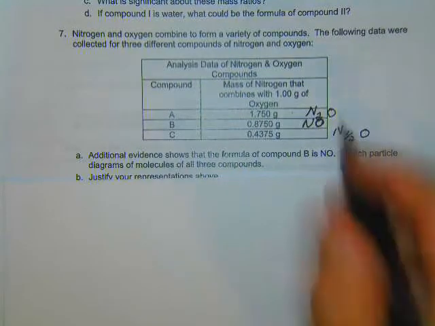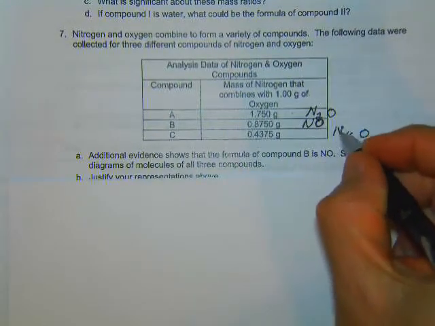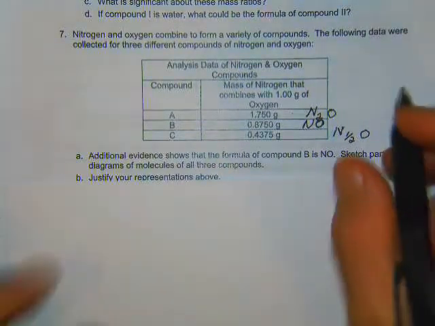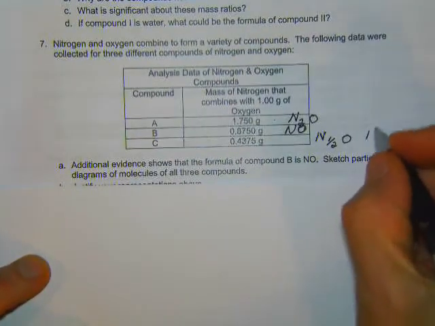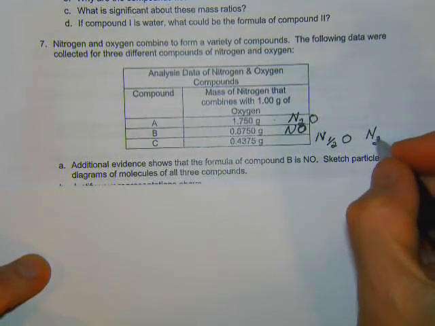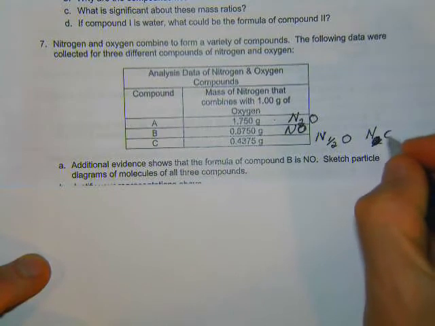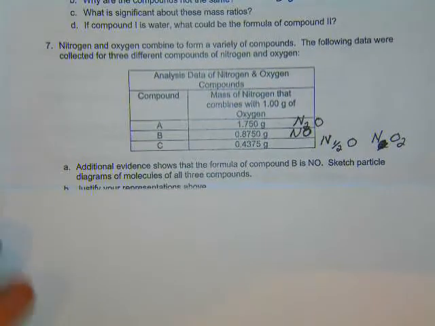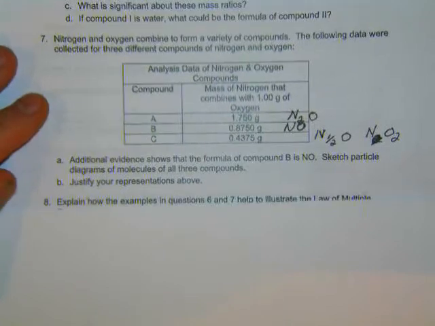So how do we get rid of a half? Let's multiply this by 2 and that by 2. So this will be NO2. 1/2 times 2 is 1. Again, 1's always understood to be there. And then 2 times 1 is 2. So we've got that particular formula. I kind of got ahead of the game a little bit here.